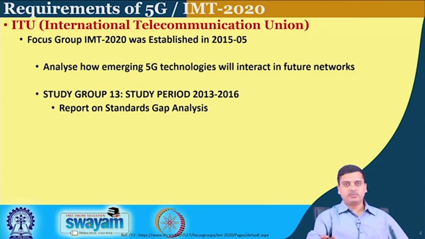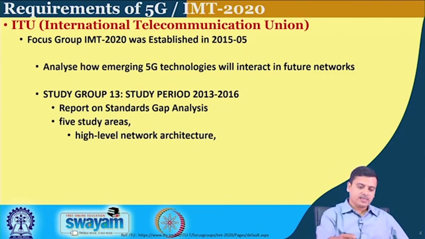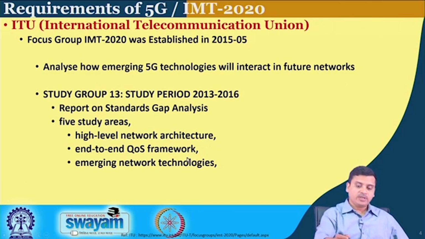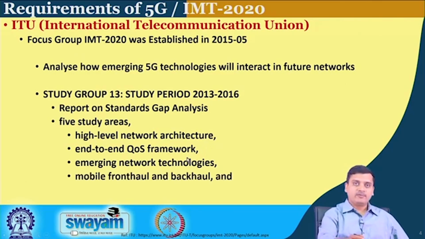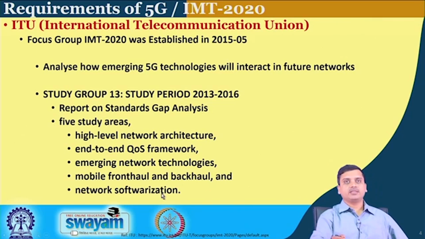That means there is a certain amount of requirement, and a certain thing that the standard provides, so how much extra needs to be done. It provided results in five areas of study: high level networking architecture, end-to-end QoS framework, emerging network technologies, mobile fronthaul and backhaul, as well as network softwarization.